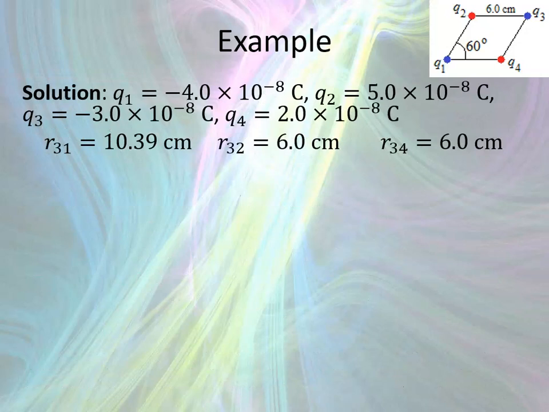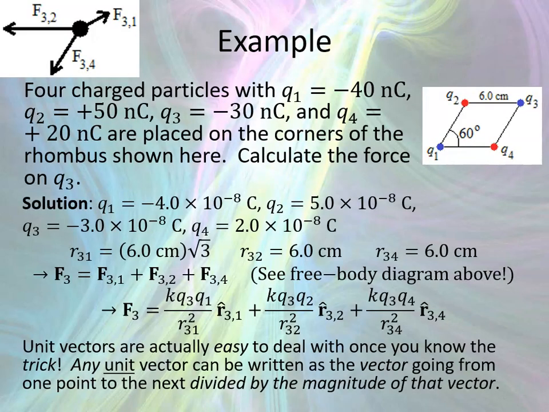So there's a little trick to dealing with these vectors. Any time you have a unit vector, it can be alternatively written as just an ordinary vector going from one point to the point of concern, divided by the magnitude of the vector. In other words, divided by the distance in this case. Now, that's true in general.